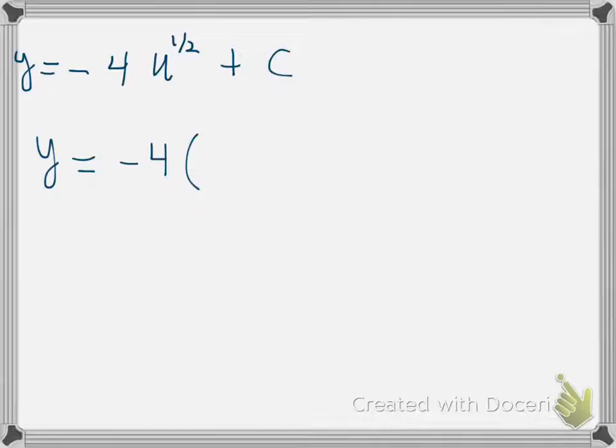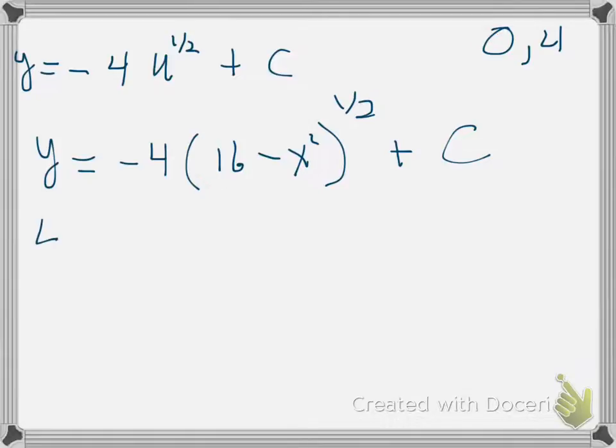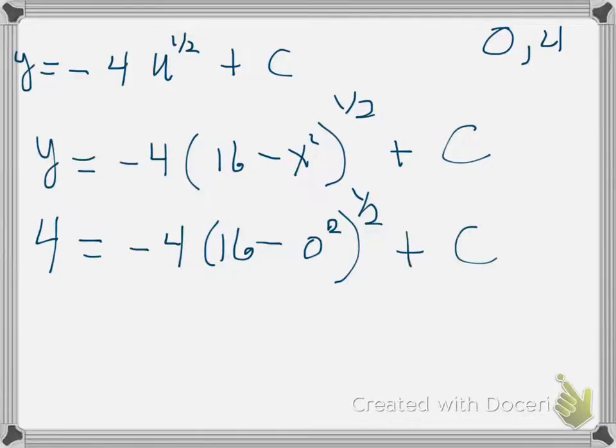but u was 16 minus x squared raised to the 1/2, plus c. And they gave us that initial condition, 0, 4. So 4 is going to equal negative 4 times 16 minus 0 squared raised to the 1/2 power plus c.